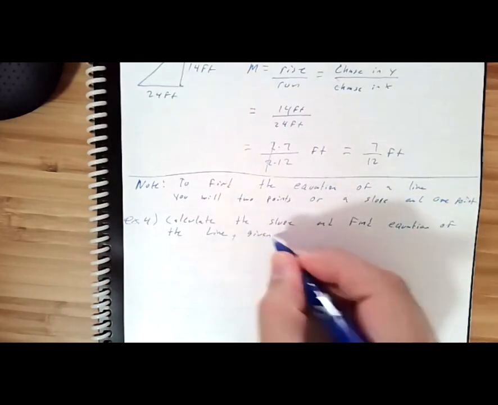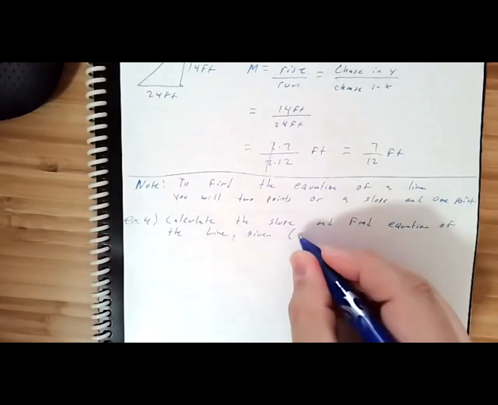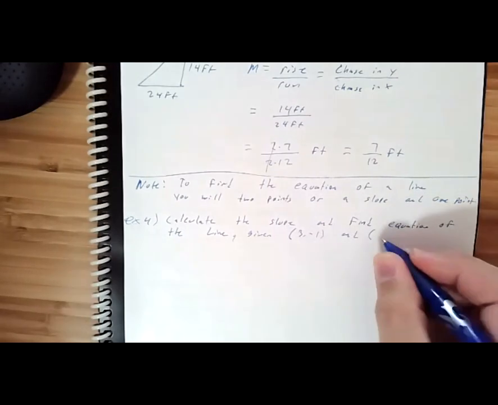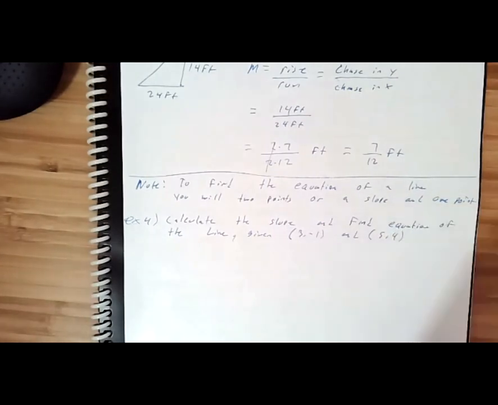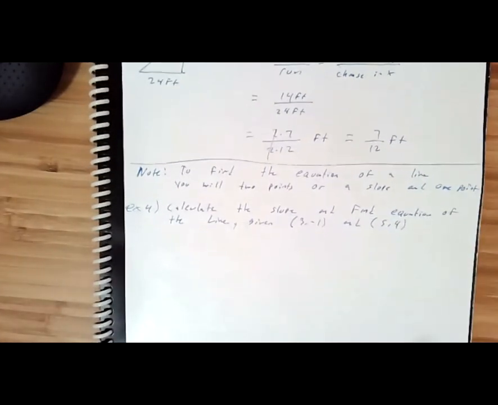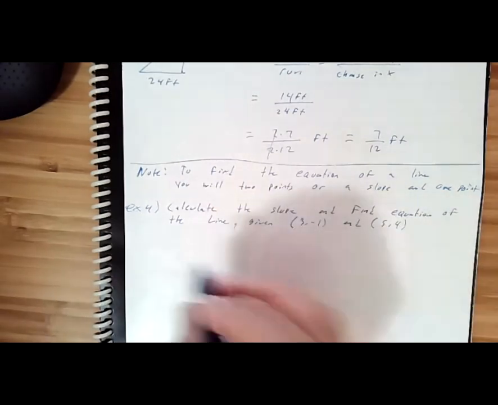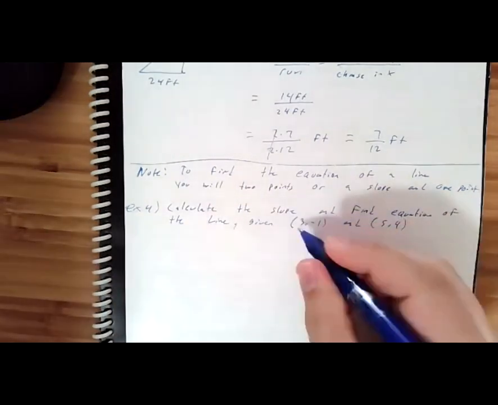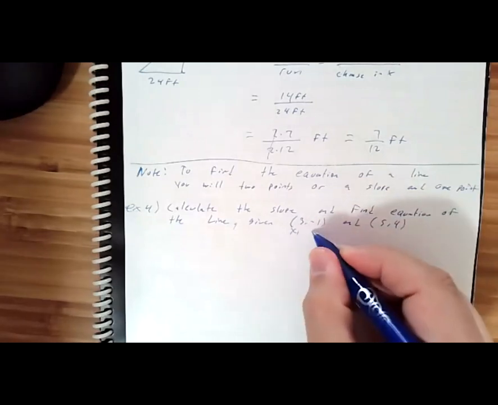Given 3, -1 and 5, 4. So they gave us 2 points. So we are able to find the slope and we are able to find the equation of the line. Make a note that this is x1 and y1.